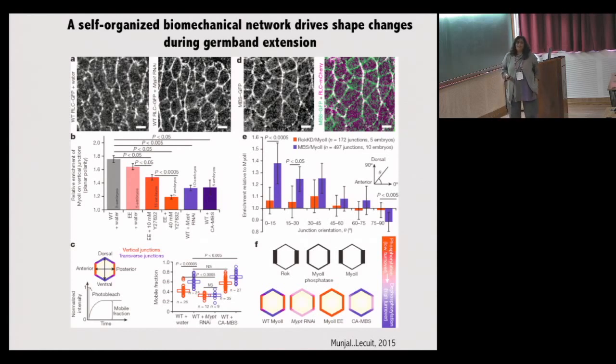So the next thing I want to come back to, so we've said that there's this gene regulatory network that governs the polarized remodeling of cellular interfaces. We've said that these interfaces exhibit both molecular and mechanical polarization.